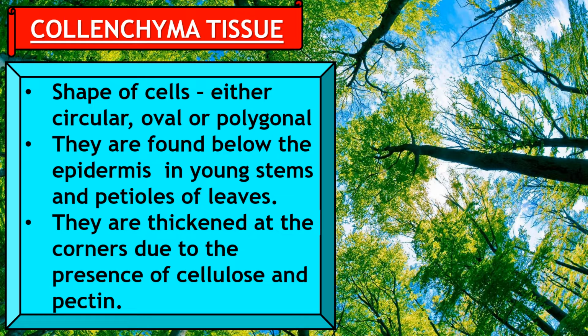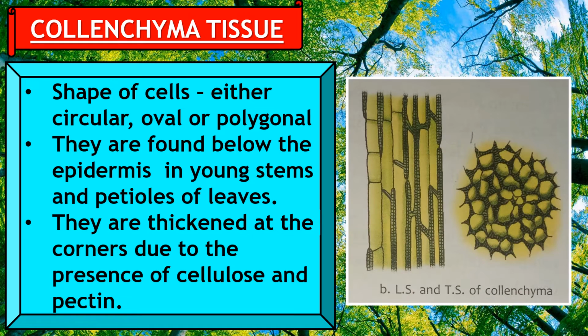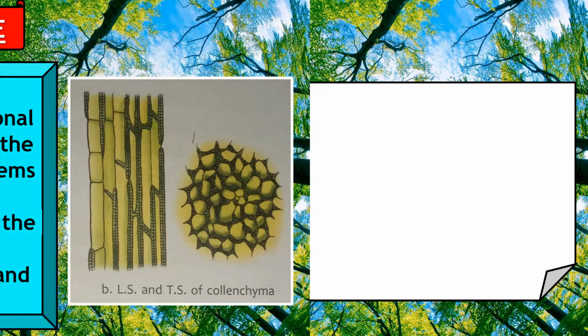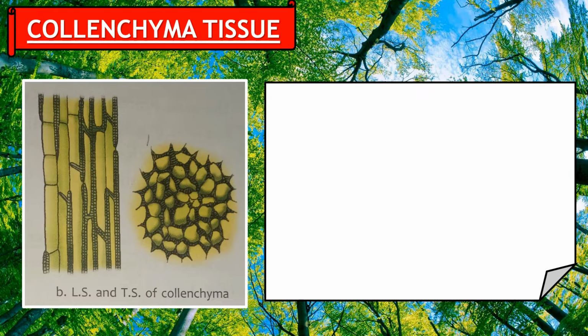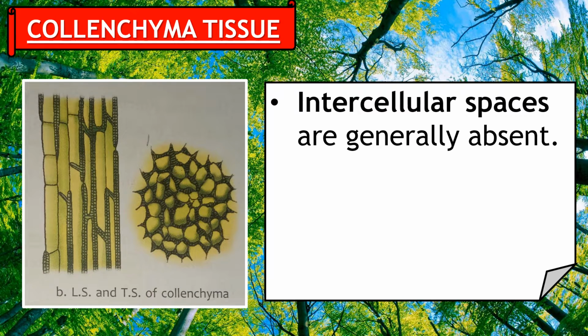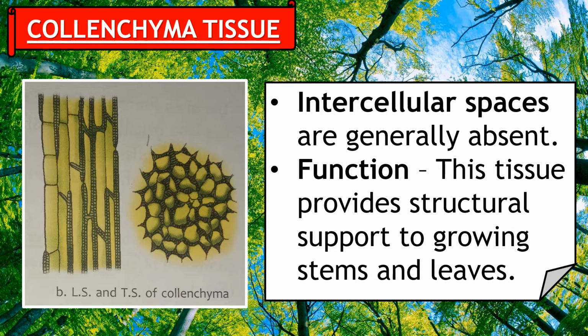The cells of the collenchyma tissue are thickened at the corners due to the presence of cellulose and pectin. Intercellular spaces are generally absent in collenchyma tissues. The function of collenchyma tissue is to provide structural support to growing stems and leaves.